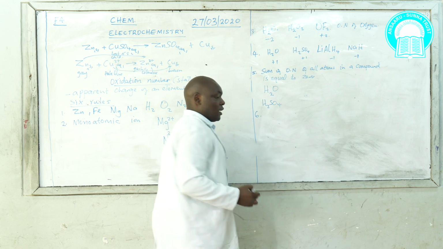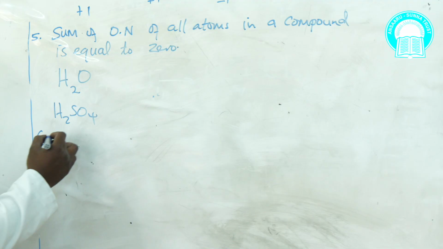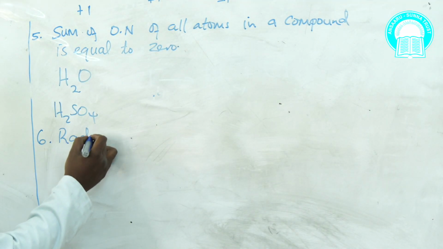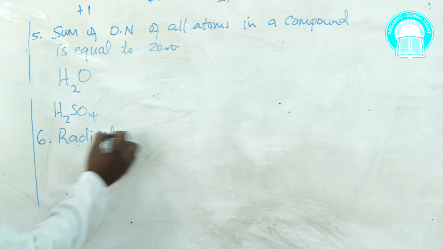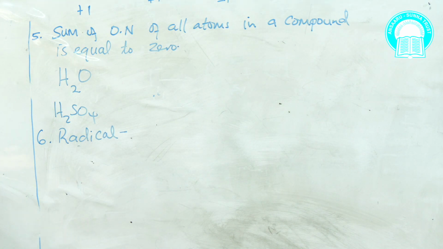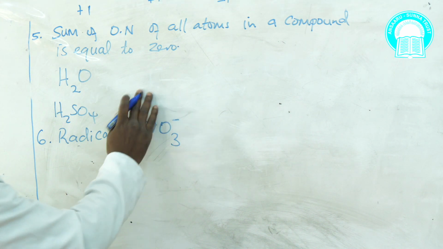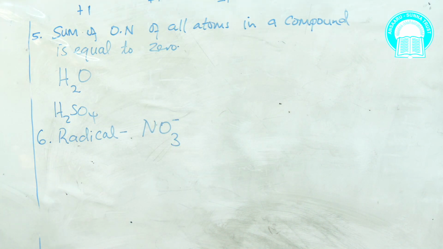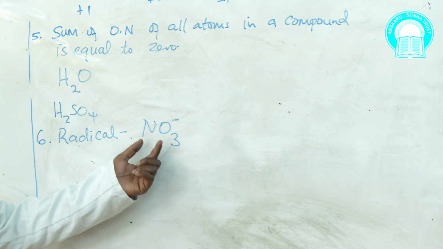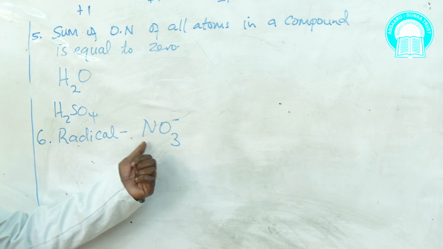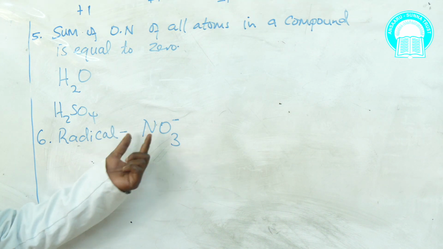Number 6, and lastly, in case of radicals, you know that a radical is a group of atoms with a net charge which exist and react as a single unit. In case of a radical, the overall charge on the radical is equal to the sum of the oxidation numbers of all atoms in the radical.